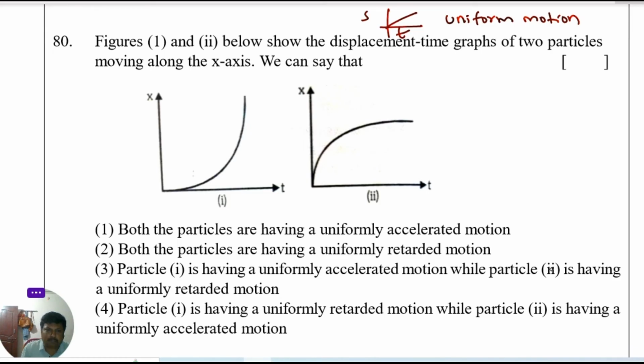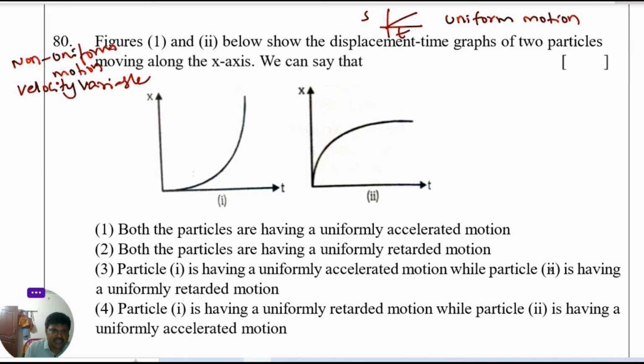But here the graph is bending, it looks like a curve. That means velocity is variable, and this type of motion is called non-uniform motion. So the two graphs depict that the particles are moving with non-uniform motion.